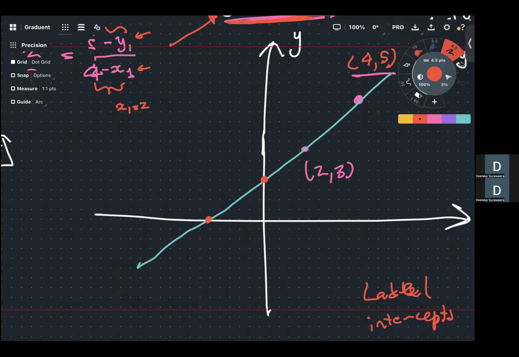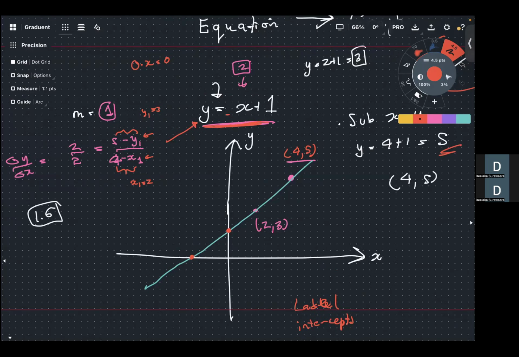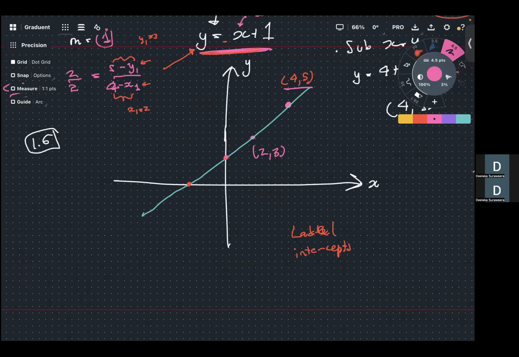If you're trying to find the y-intercept, x has to equal 0, so you can sub it into the initial equation. Exactly. You sub 0 here. Because look, y-intercept, what does that mean? It's perfectly vertical. There is no change in x, so the x value is 0.